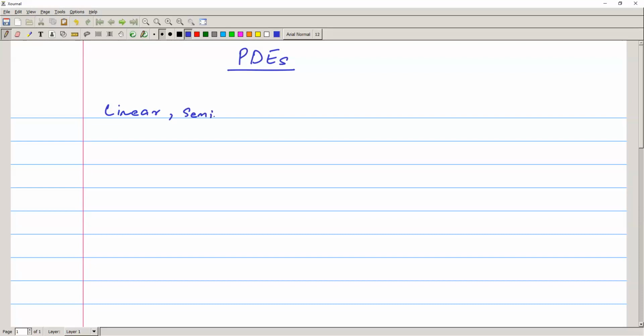We also discussed some initial value problems associated to the Cauchy characteristic method. So today we will discuss nonlinear PDEs, and find the general solution of nonlinear PDEs using Jacobi's method. So let's talk about Jacobi's method.